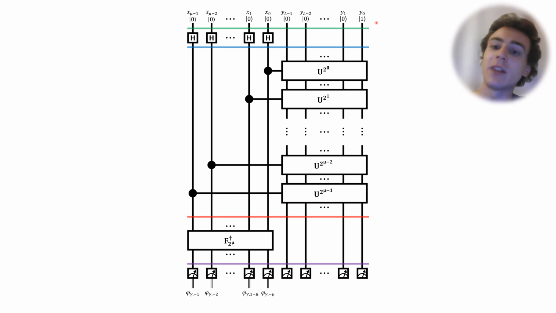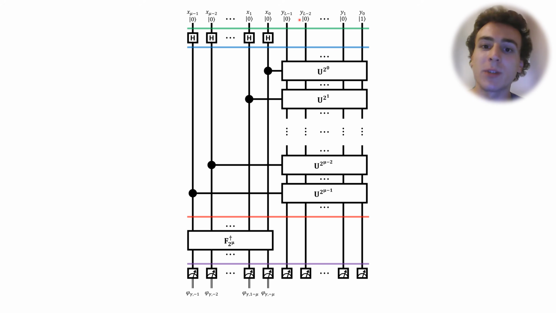In the previous video, we had the eigenstate lambda over here. But now we're not initializing in an eigenstate of the unitary operator. Instead, we're initializing in a superposition of eigenstates. And that superposition of eigenstates is equivalent to the L qubit state labeled by 1. Alternatively, we could also describe it as a bit string of length L, where the first L minus 1 of those bits are all 0, and then the final bit is 1.